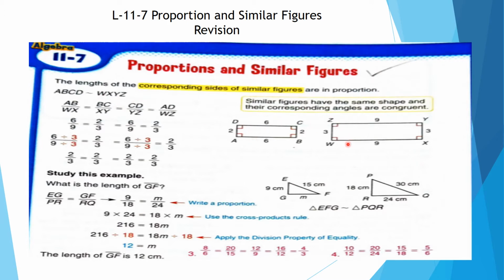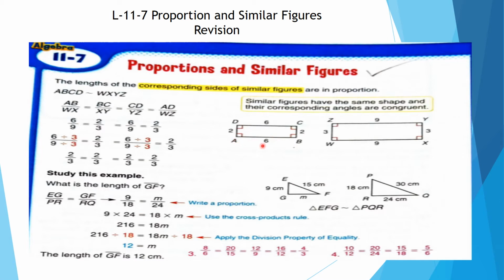They are two rectangles. The ratios: you can see AB to WX, then BC to XY, CD to YZ, and AD to WZ. You learned this before. Then how to write it? The same way.